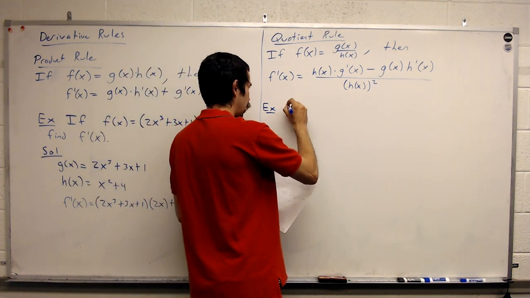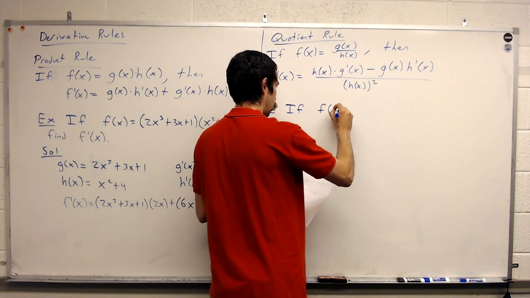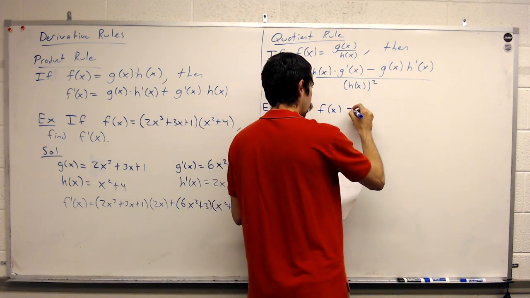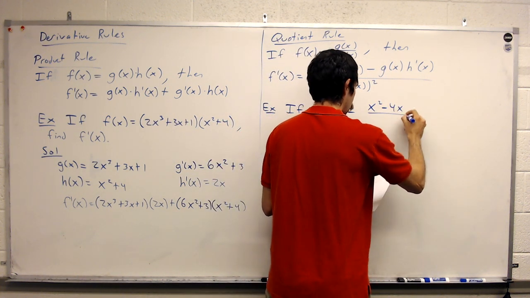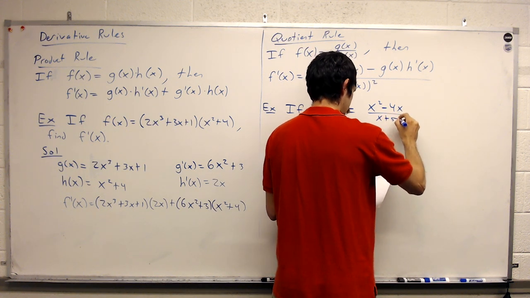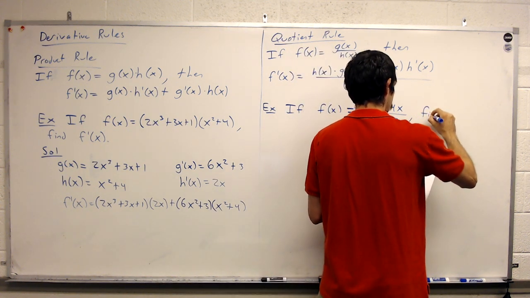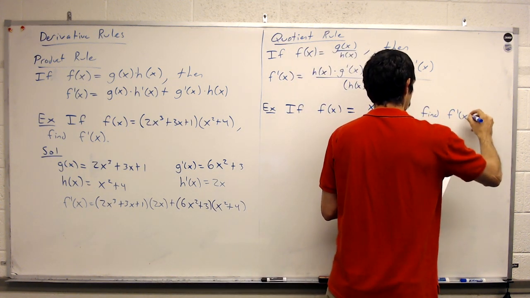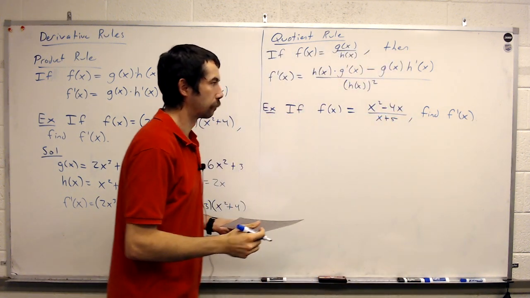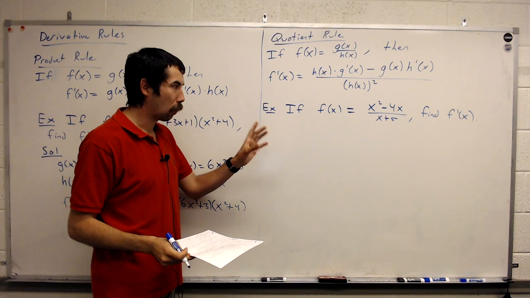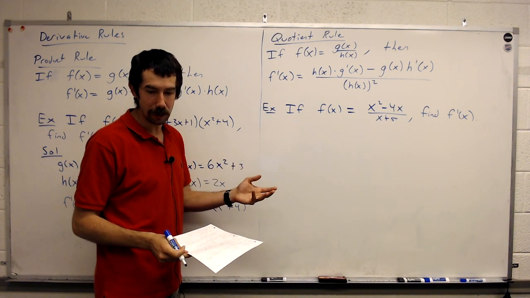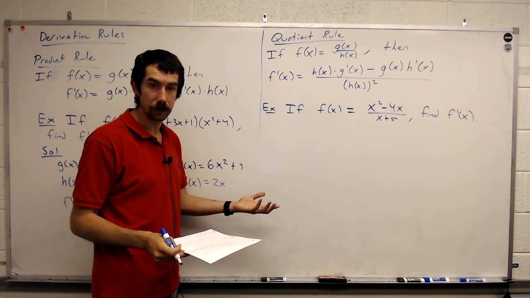So if f of x equals x squared minus 4x over x plus 5, we want to find f prime of x. All right, so here we have a quotient, so we're going to use the quotient rule.